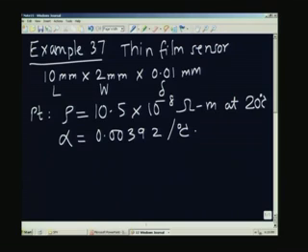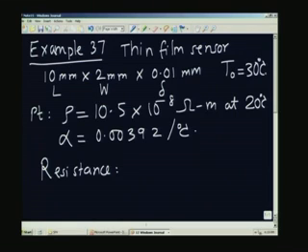So, I can actually calculate the resistance of the element initially. Temperature is 30 degrees Celsius, I think it is 20 degrees Celsius. And already I am given at 20 degrees what is the rho.